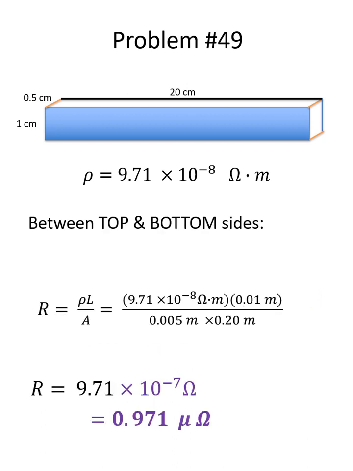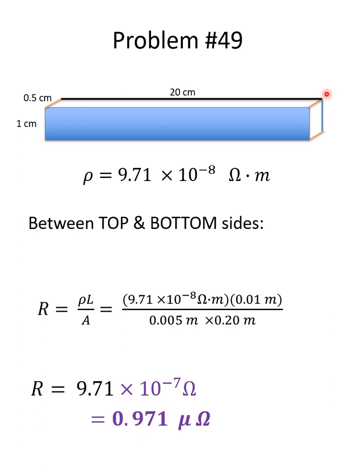If we go between the top and the bottom sides, we're going to use the same equation. We just have to look at it from a different angle. Now, going from top to bottom, there's a length of 1 centimeter. The area that the current goes through is this width of 0.5 centimeters times the length of 20 centimeters. So it's got a much wider area, and it's got a much smaller length than in the previous problem that we looked at.